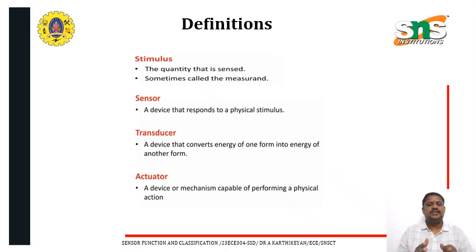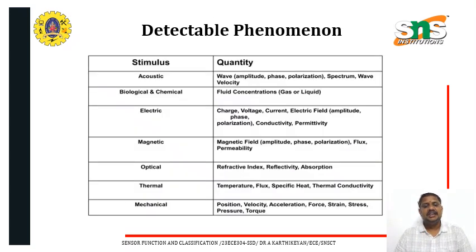The data sent by the sensor is given to a central unit, and the actuator is a device or mechanism capable of performing a physical action.